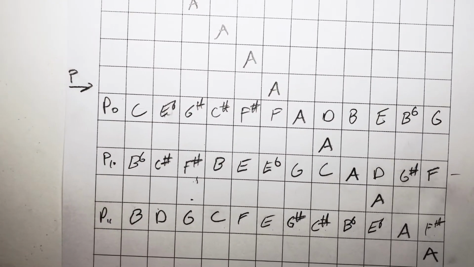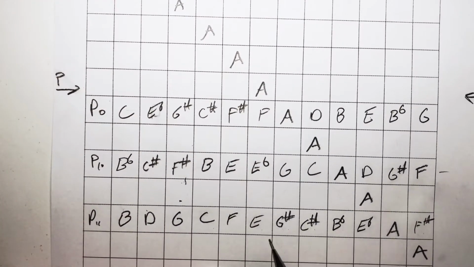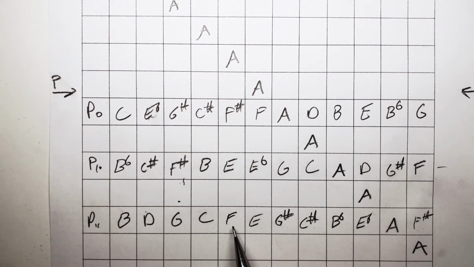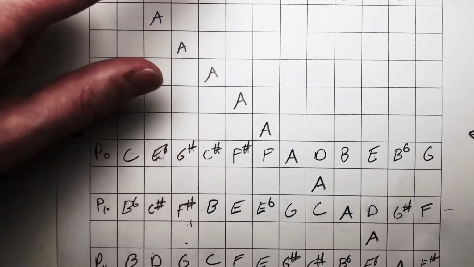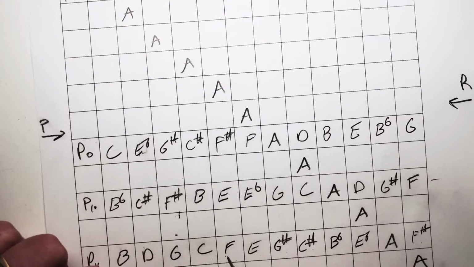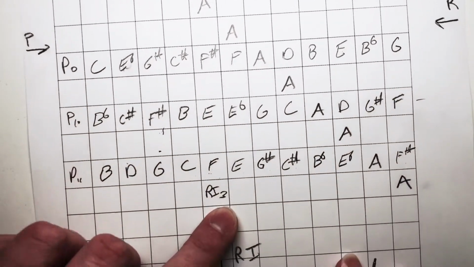Retrograde inversion. So the RI columns, you're reading up. Now, since we're going backwards on the retrogrades, you don't use this as your basis of the number. It's what the number is at the end of the column. So since that's 3, if you went backwards, it's RI3. Like that.